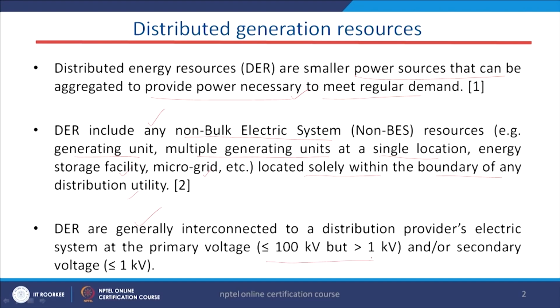It can also be connected at less than 1 kV. In our distribution system, we have voltage levels of 440 volt or 400 volt. In that case, these renewable sources or battery storage can also be connected to the distribution system.